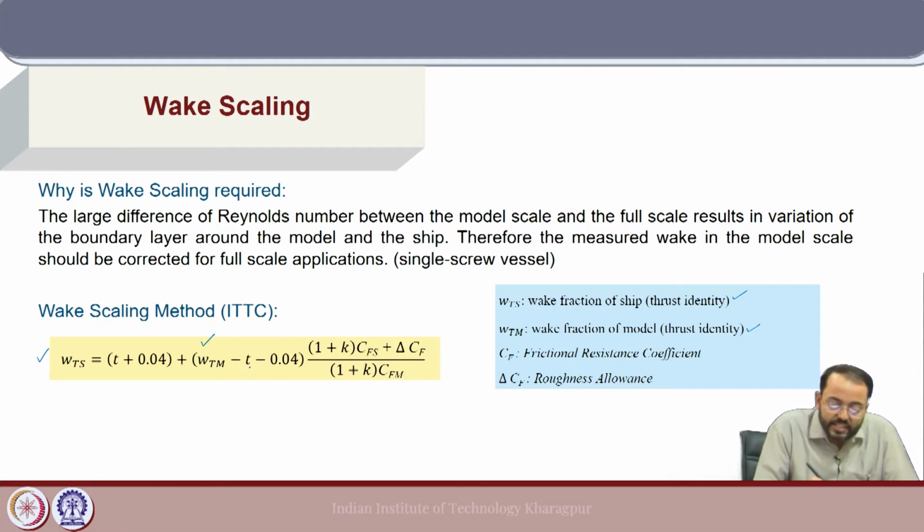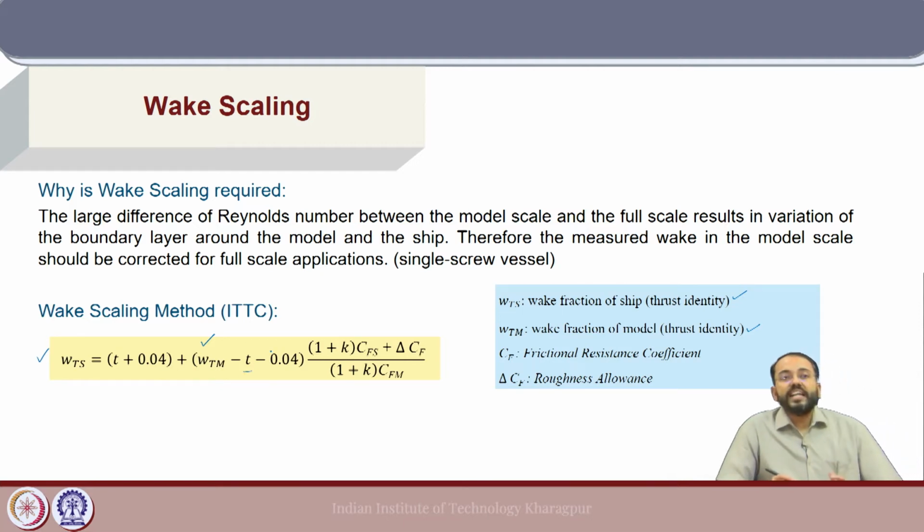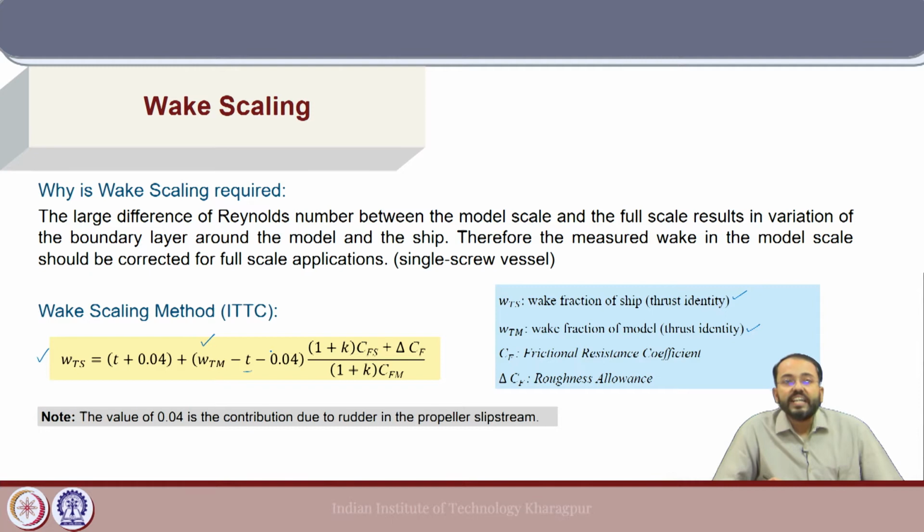So, the full scale wake fraction is related to the model scale wake fraction with the value of thrust reduction small t, and a constant 0.04 is used here, which value is basically due to the contribution of the rudder in the self propulsion test. As the rudder is in the slipstream of the propeller, it also impacts the wake fraction.